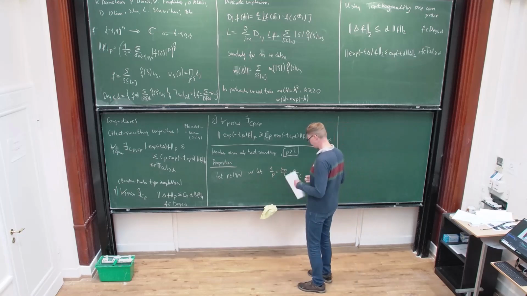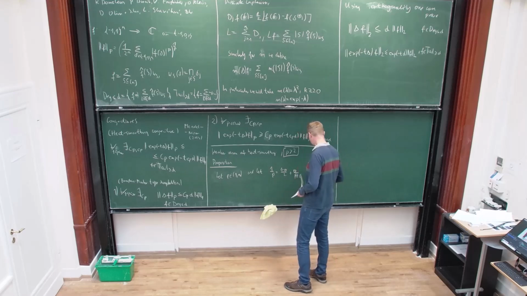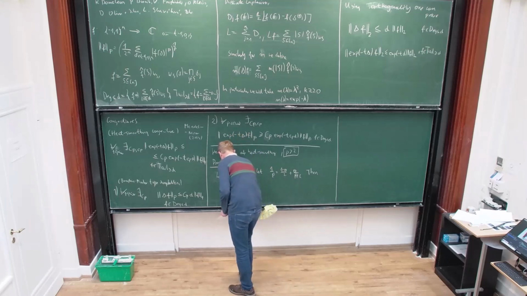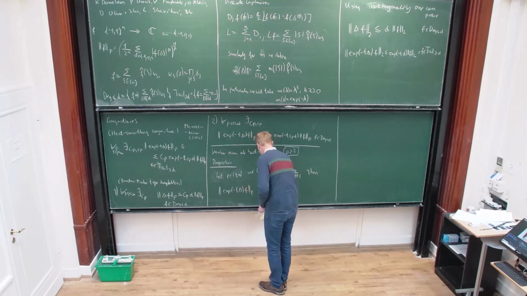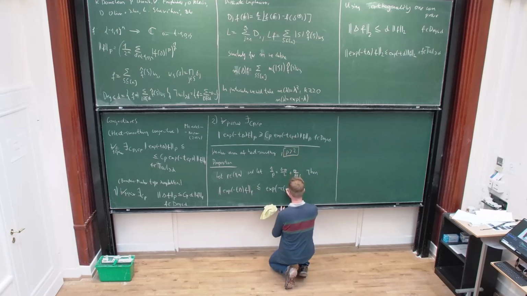Okay, then I can prove this. You take the exponential of minus t delta, apply it to the function f, and compute its Lp norm. Then this is estimated by an exponential factor, depending on p, epsilon, t times d.